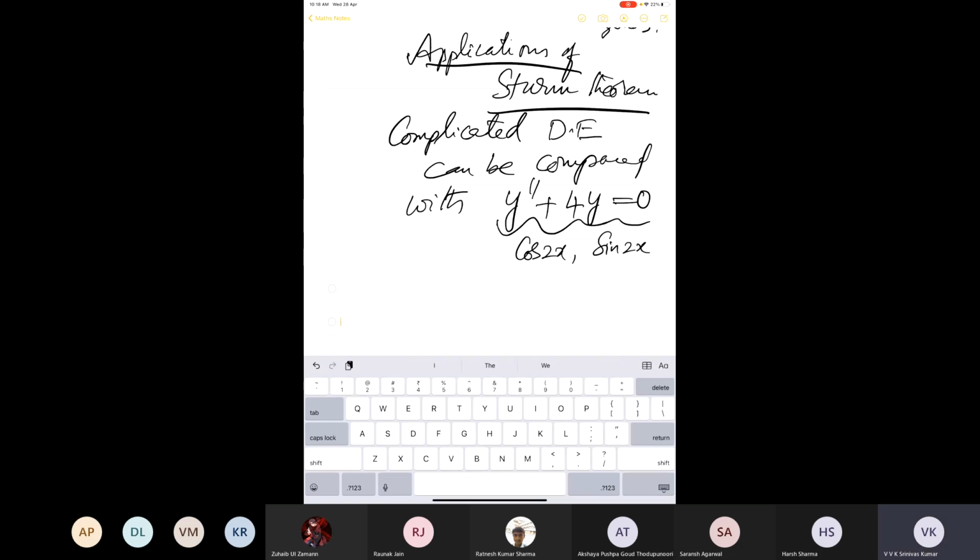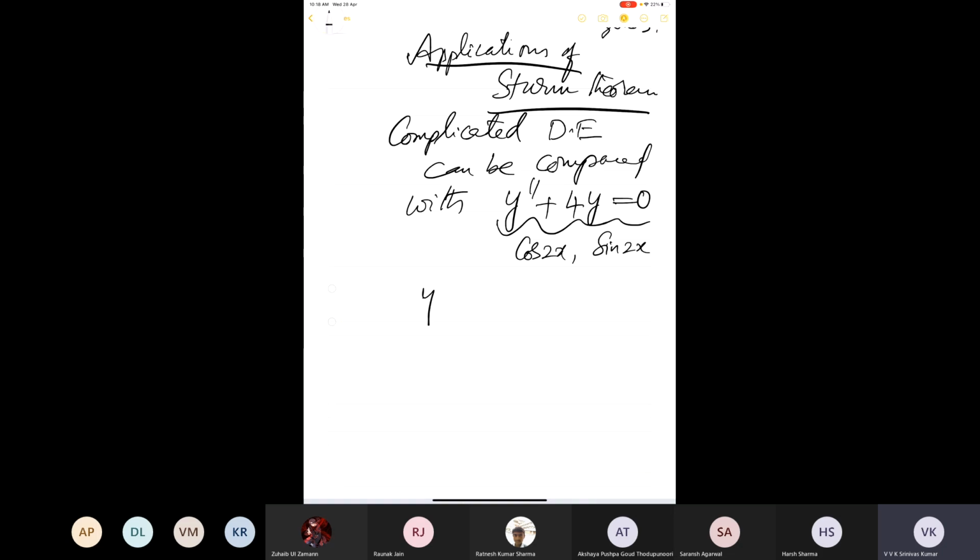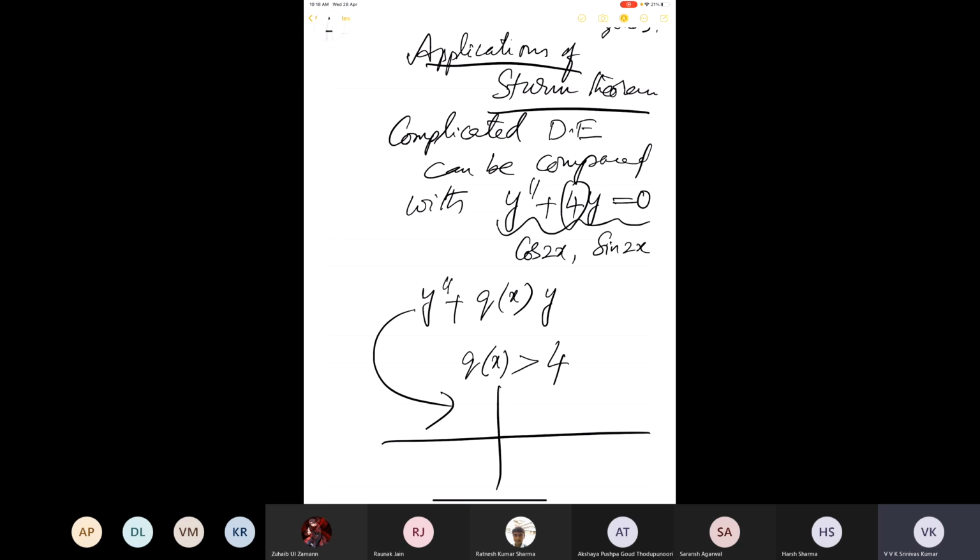If we have differential equations where the q term is complicated, and we can compare with q(x) greater than this 4, then the zeros of this will lie in between the zeros of the other. So suppose cos 2x has zeros like this, here, and so on.